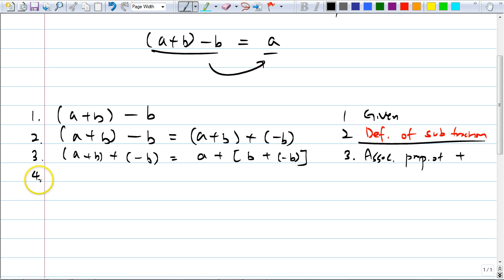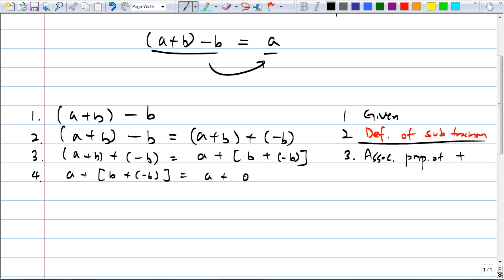Now, anybody see what to write next? Yes. A plus, and then in the brackets b minus b. So a plus b plus negative b equals a plus 0.